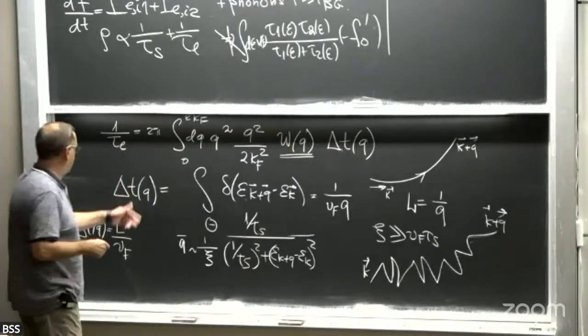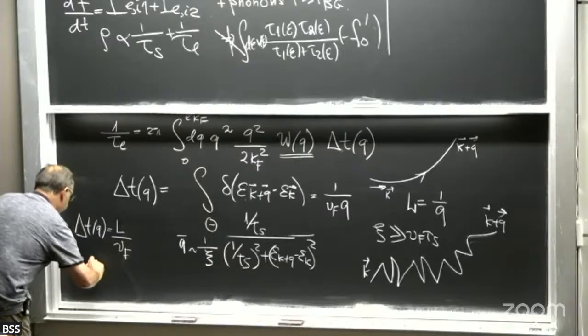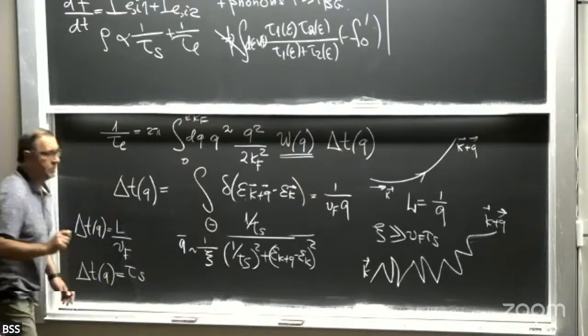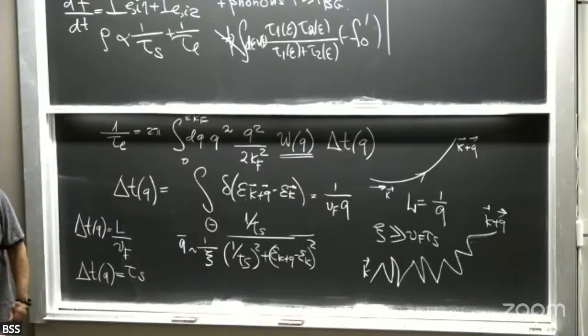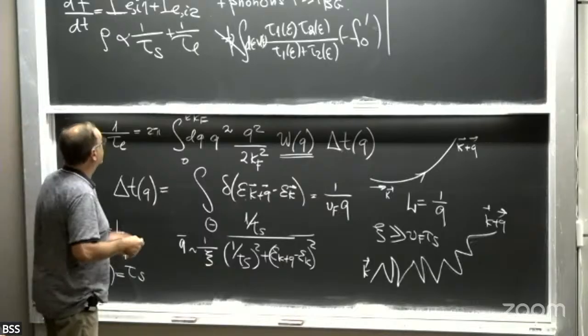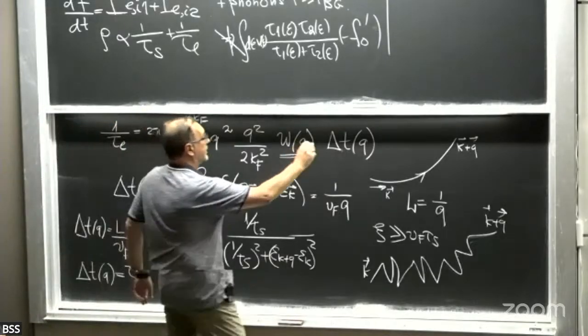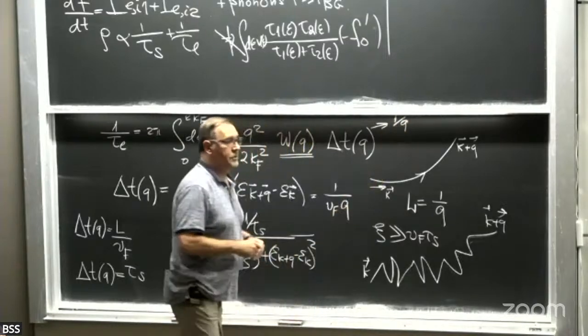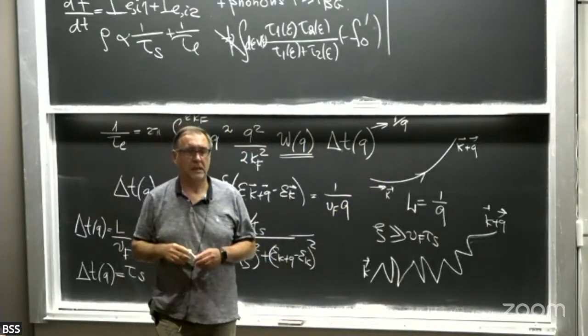Because this rate gives you the smearing of the single particle state. And if you do so, you will find that delta tau of q is a constant, and this time is simply the short-range scattering time. And this is bad news for the universal contribution to the resistivity, because in the ballistic limit, delta q is 1 over q, so that enhances the singularity.